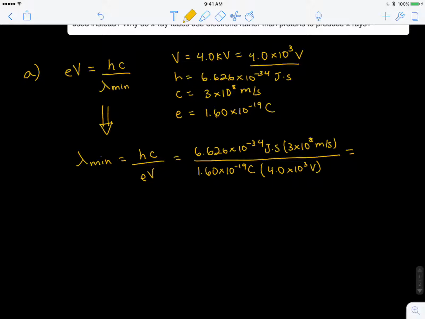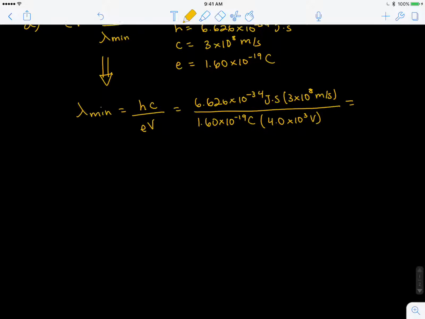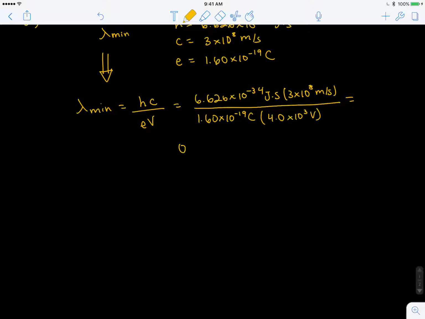If you plug that into your calculator, you'll get 0.311 times 10 to the negative 9th meters, which you can rewrite as 0.311 nanometers. That is the answer to the first part.